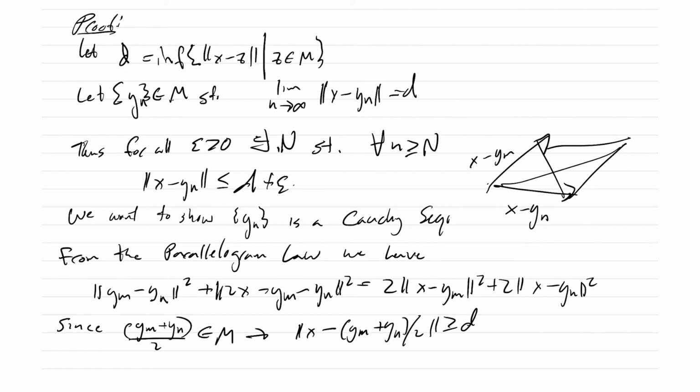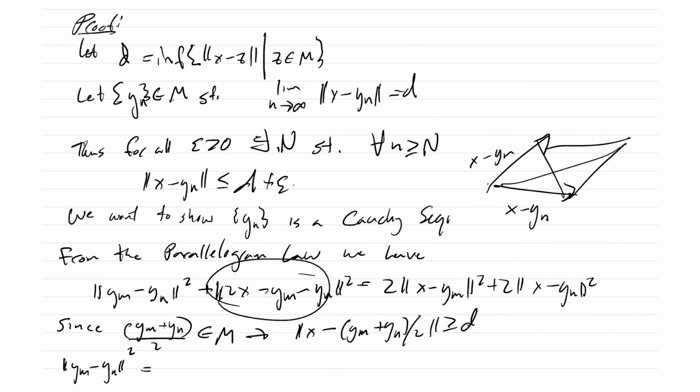So that means if I go ahead and leave this guy in here, I have this. So I get ||y_m - y_n||^2.